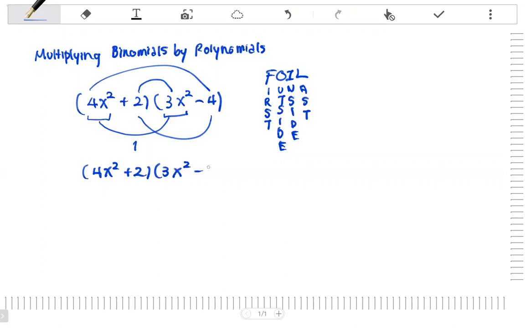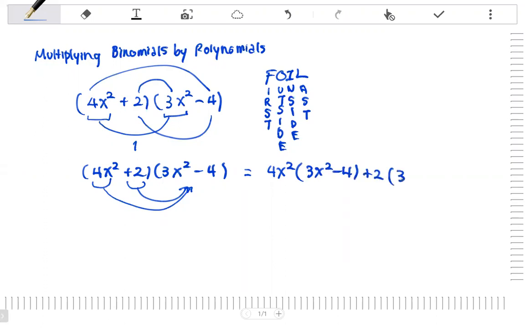What you're essentially doing is distributing the same thing. You distribute 4x squared with 3x squared minus 4, and 2 with 3x squared minus 4. It's the same step, except written differently. So this would be 4x squared times 3x squared minus 4, plus 2 times 3x squared minus 4.